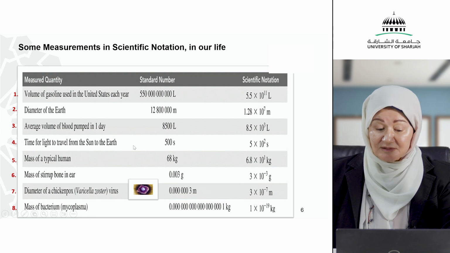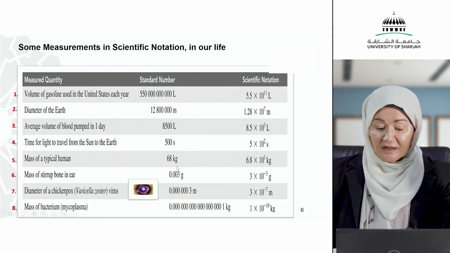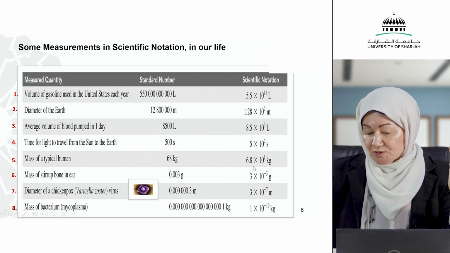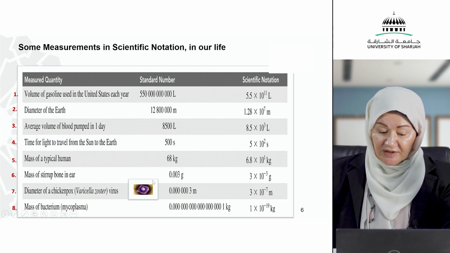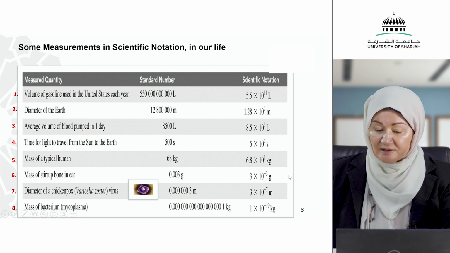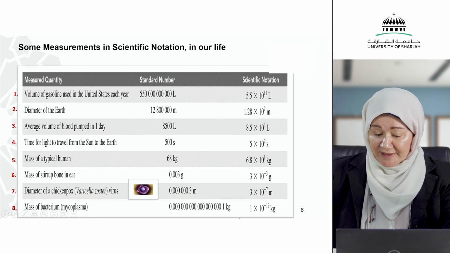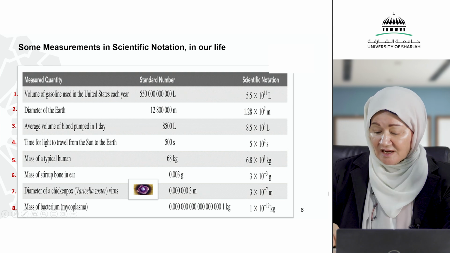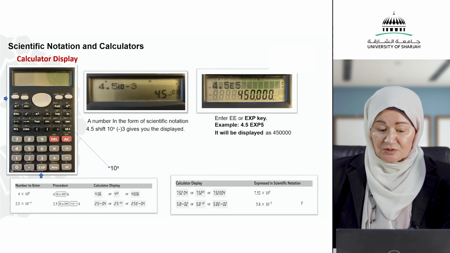Time for light, 500 seconds, is 5 times 10 squared. Mass of a typical human being, 68 kilograms, is 6.8 times 10 to the 1. Mass of the stirrup bone in the ear, 0.003, is 3 times 10 to the minus 3. Diameter of a chicken box. Mass of bacteria. These are some examples where it is much simpler to write in scientific notation.